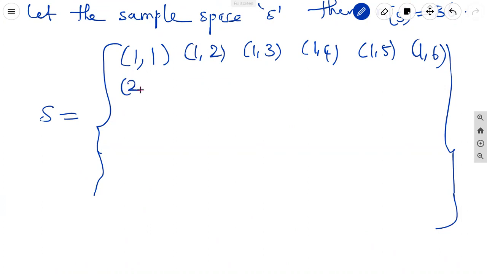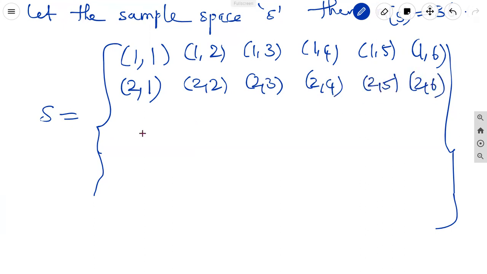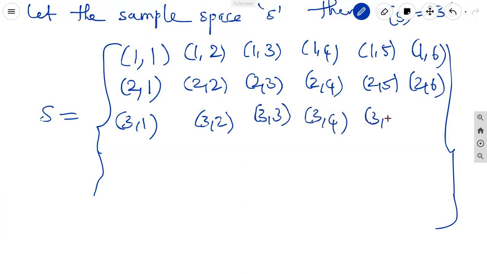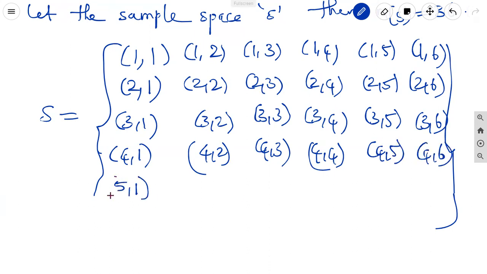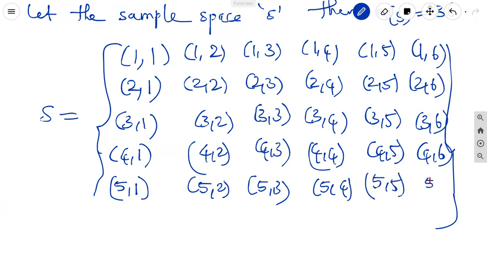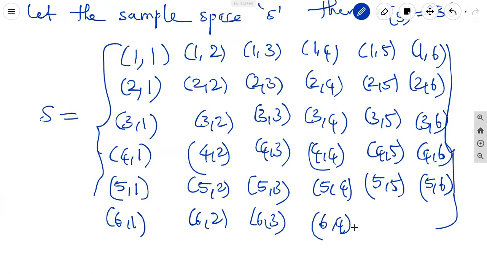The first die face 2, second die face 1: 2 1, 2 2, 2 3, 2 4, 2 5, 2 6, 3 1, 3 2, 3 3, 3 4, 3 5, 3 6, 4 1, 4 2, 4 3, 4 4, 4 5, 4 6, 5 1, 5 2, 5 3, 5 4, 5 5, 5 6, 6 1, 6 2, 6 3, 6 4, 6 5, 6 6. Okay, total 36 outcomes.